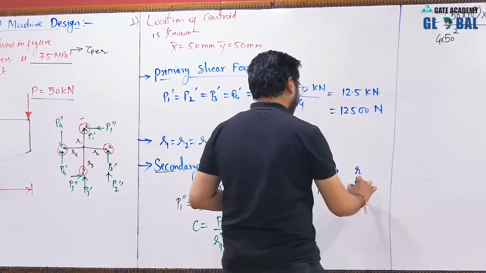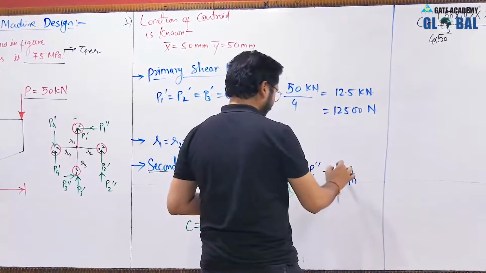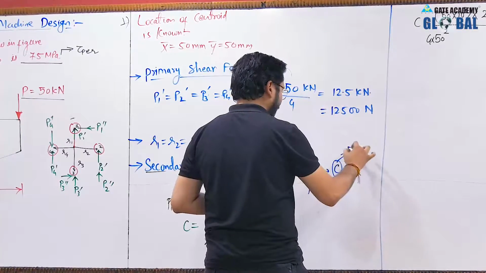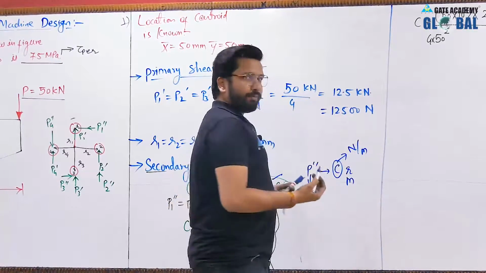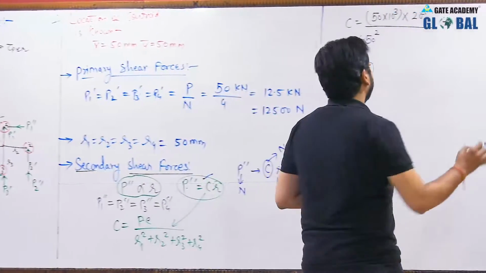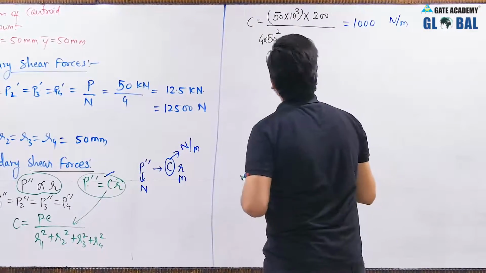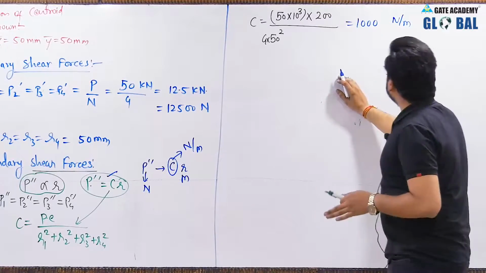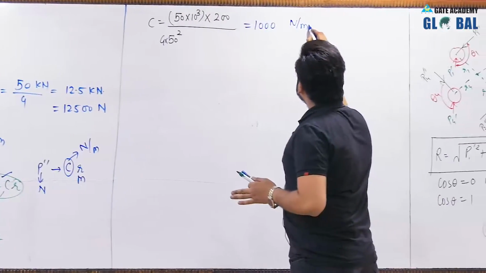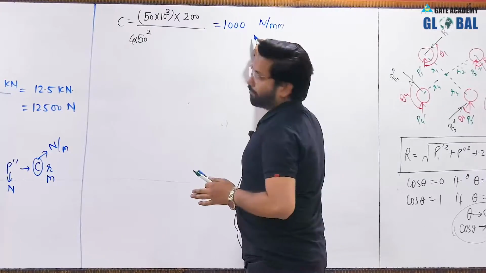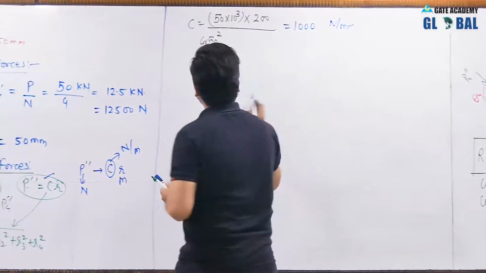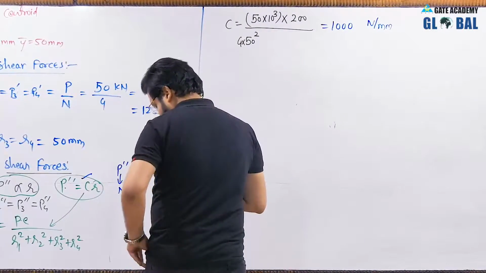So let us say SI unit is there, so this will be meter. So the unit of C is coming out to be Newton per meter, okay. So C is not dimensionless, it will have a unit of Newton per meter, okay, and here the lengths are used in mm, so this will be Newton per mm. So the value of C is 1000.